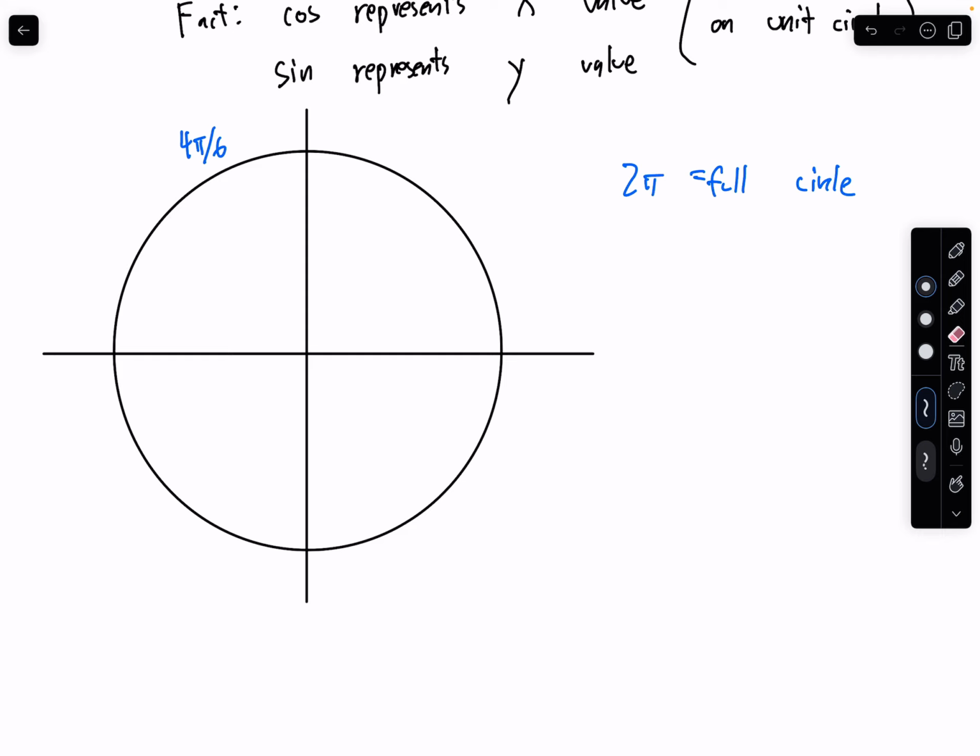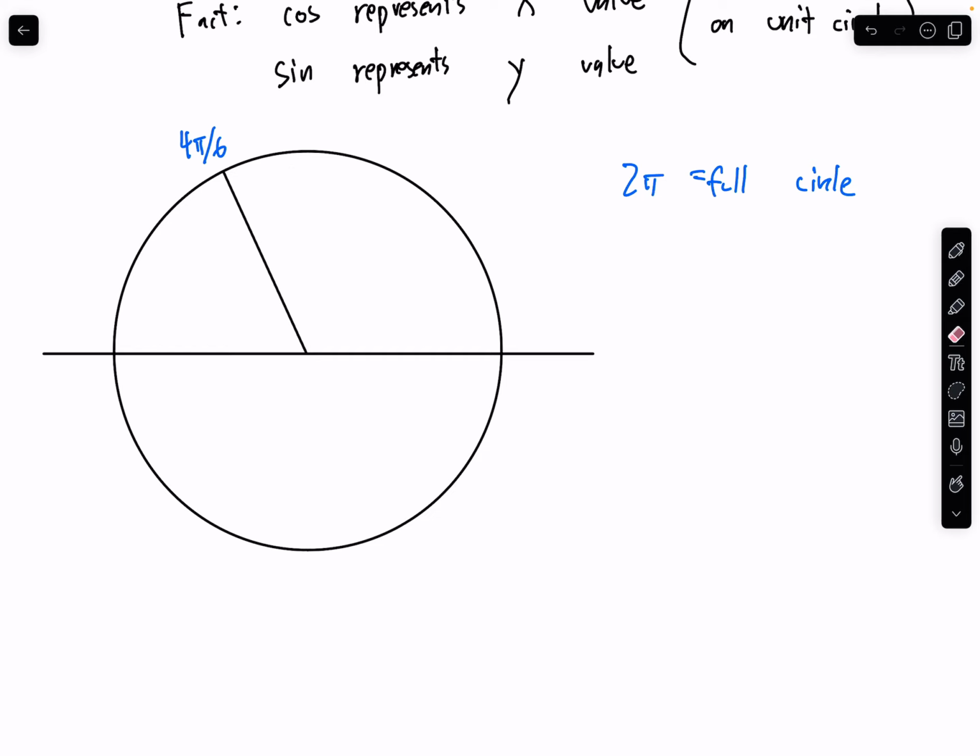So anytime that you do one of these multiples of pi over 6, what you're really looking at is this triangle right here. And this triangle is a very special triangle. It's called a 30, 60, 90 triangle because this small angle is 30 degrees. The bigger angle is 60 degrees.